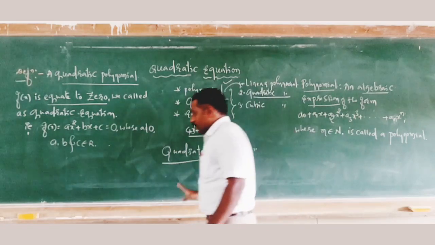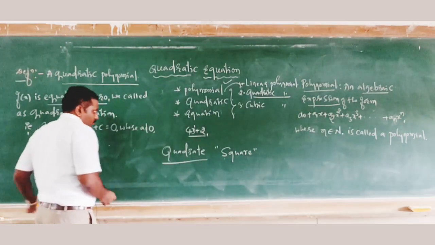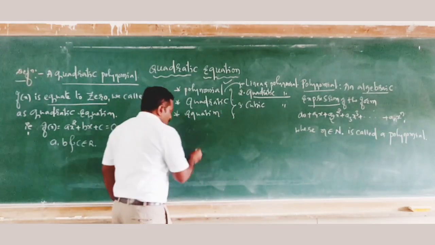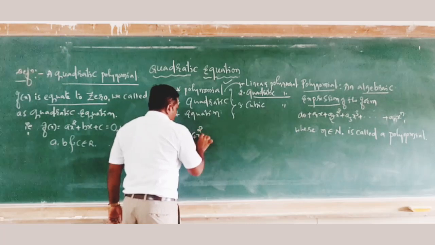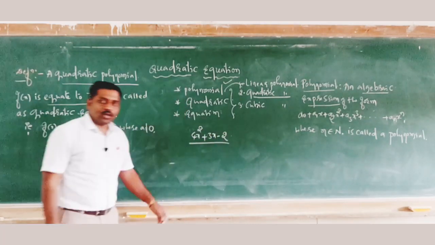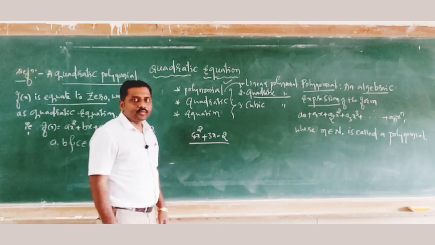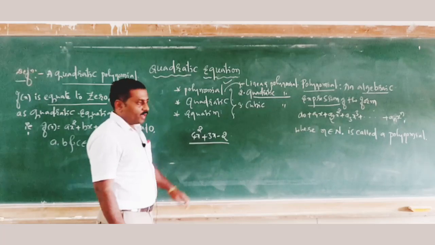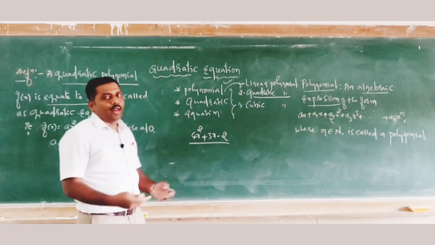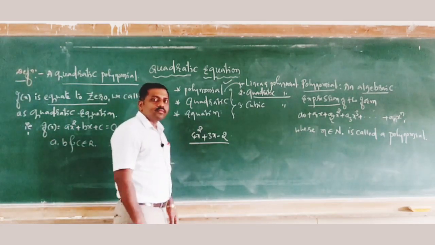Suppose here we consider an example: 4x square plus 3x minus 2. This is a polynomial. We check whether the degree of the given polynomial is 1, 2, 3 or something else. So how to calculate the degree?